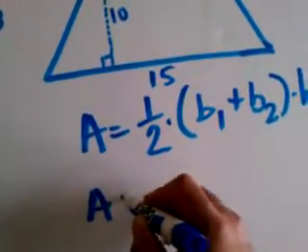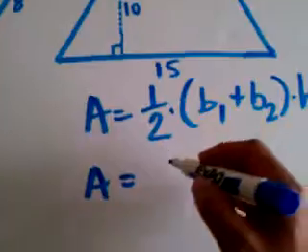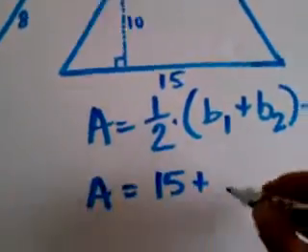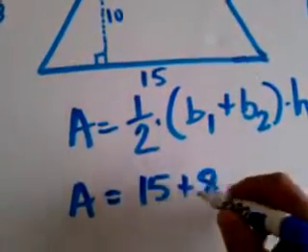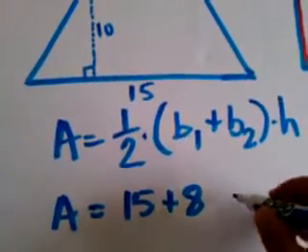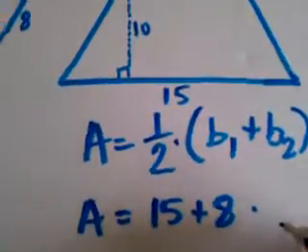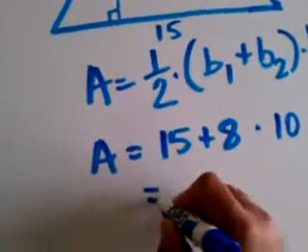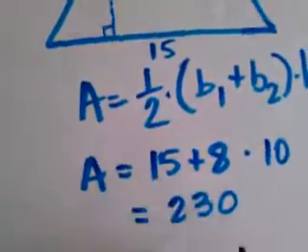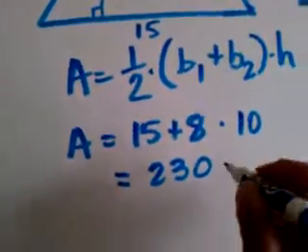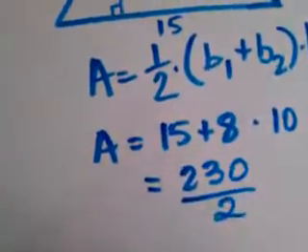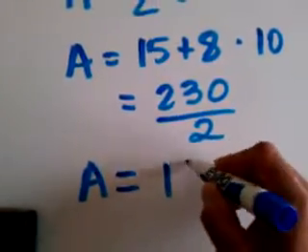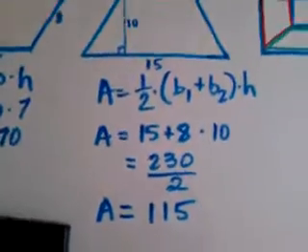We're going to take base 1, we'll say is 15, plus base 2, which is 8, and 15 plus 8 is 23, times the height, and the height is 10. So 23 times 10 is 230. Now I can't forget to divide by 2. And when I do that, my area equals 115.